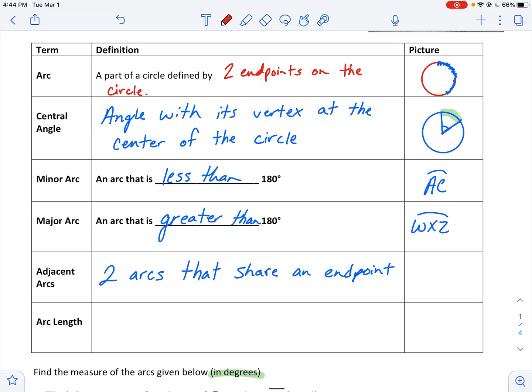The arc length is the distance between the two endpoints, not in degrees, but in feet or centimeters or meters, kilometers, inches. So arc length is a length measured in feet, inches, centimeters, kilometers. Arc measure is measured in degrees. So let's look at some examples.